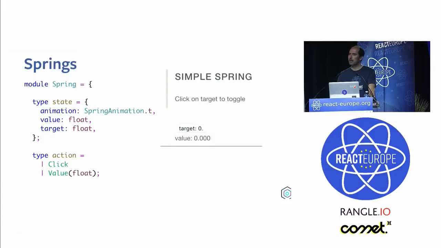There's going to be an underlying animation object, which will be responsible for sending all these values at any point. And then we will have the current value that the React component knows about, and then the target value, which is either 0 or 1. And then there are exactly 2 actions in this example. There is a button, so there is a click. And then there is the value action, which every time the current value changes, is responsible for updating the local state.